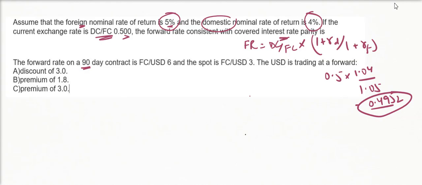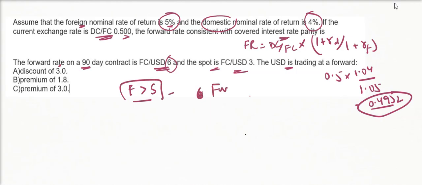Okay, the forward rate on a 90-day contract is given by FC over USD, that is 6, and the spot rate is given by FC over USD is given by 3. The USD is trading at a forward rate of, now for the forward rate, first thing to notice is that the forward rate is greater than the spot rate. So simply it means that it is a forward premium.